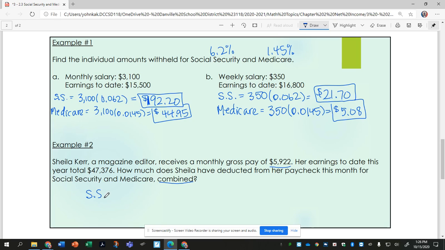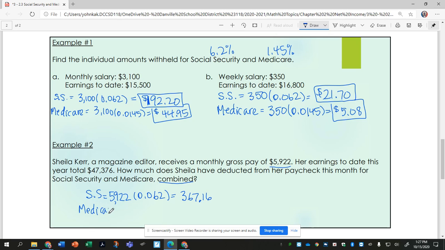First do Social Security, take your gross pay, $5,922, and multiply by 0.062. That's going to give you $367.16. So every month, Sheila is getting $367 taken out of her paycheck for future retirement.